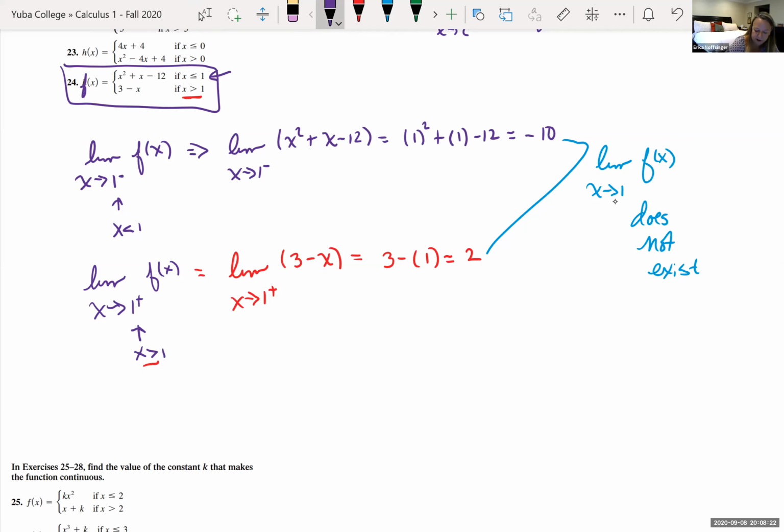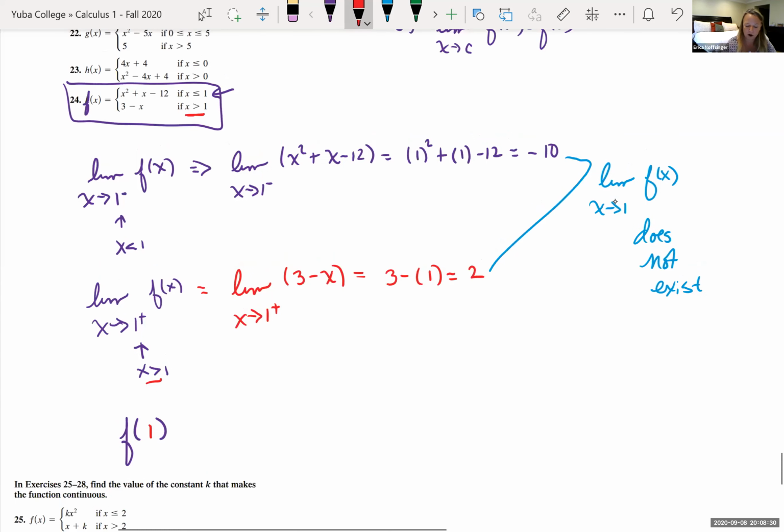But if we look at what f of 1 is, you have to look at what equation that holds for. When x equals 1, it tells us to use the first equation. So in here, we just plug in 1 wherever we saw an x.